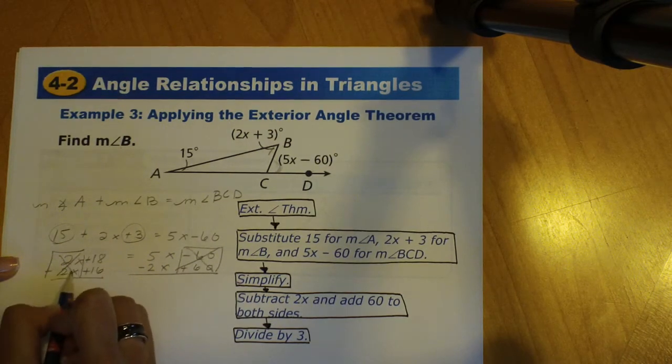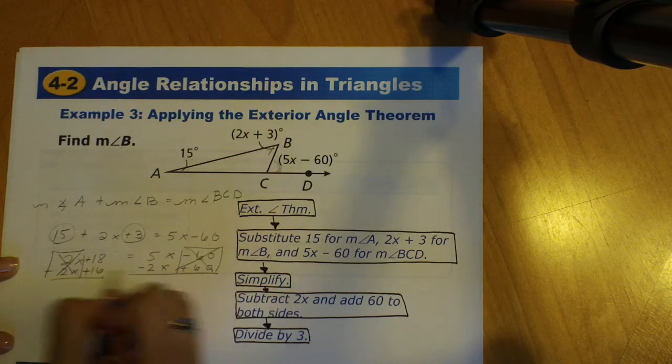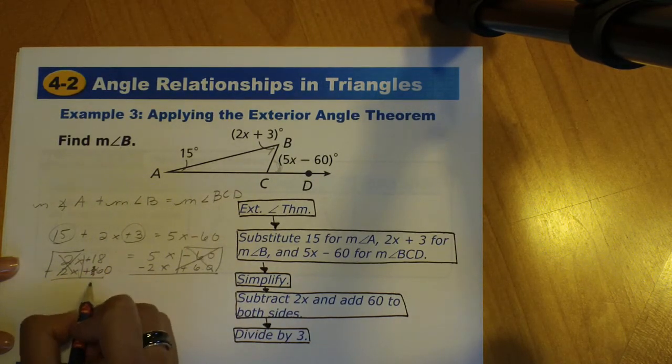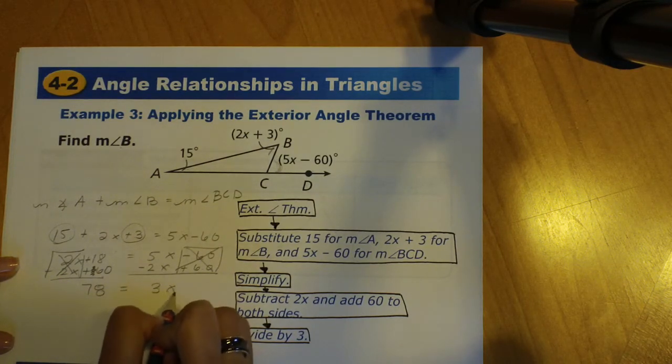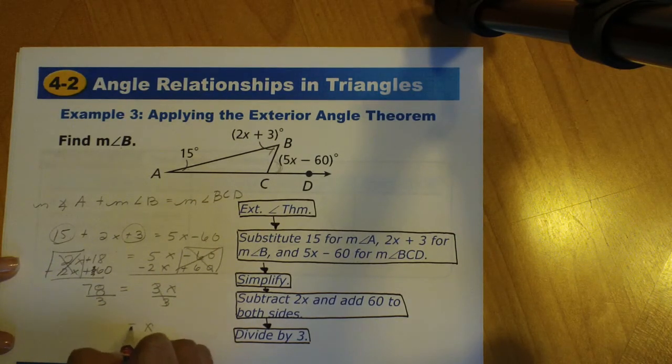These are a zero pair. 18 and 60, excuse me, I don't know where that 16 came from. 18 and 60 gives me 78, equals 3x. Divide both sides by 3, I get x equals 26.